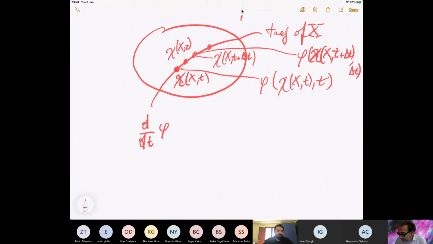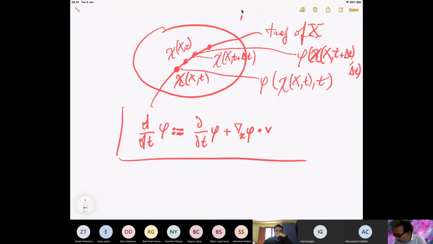D over dt of phi is equal to the partial time derivative of phi plus the Eulerian gradient of phi dot the velocity. And this is a definition whose meaning I hope I managed to explain to you in detail.